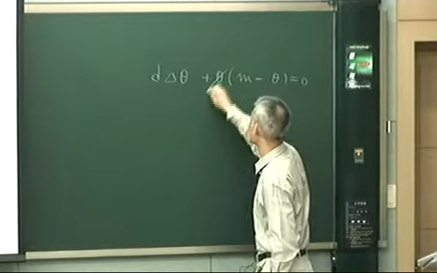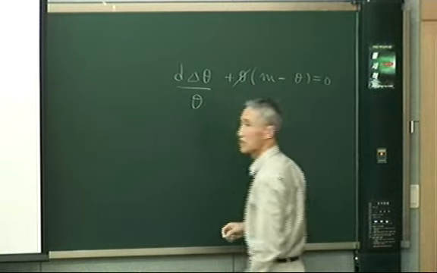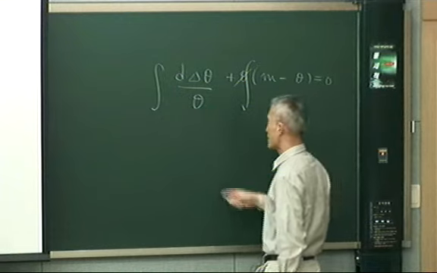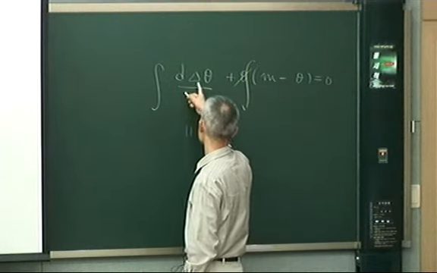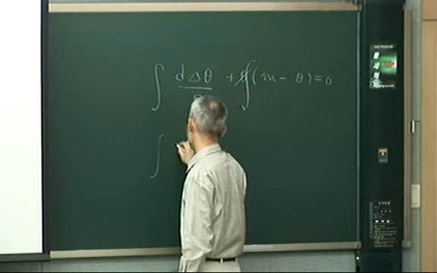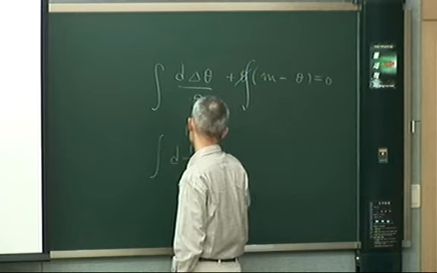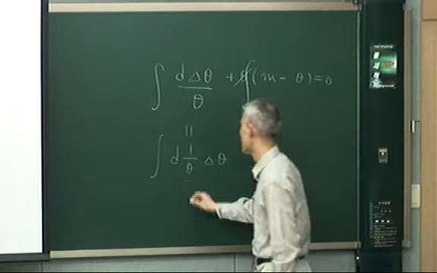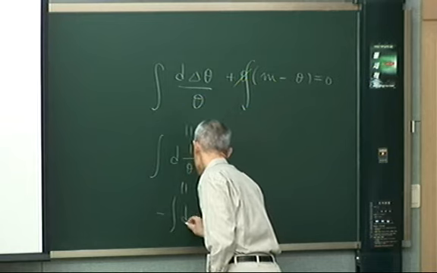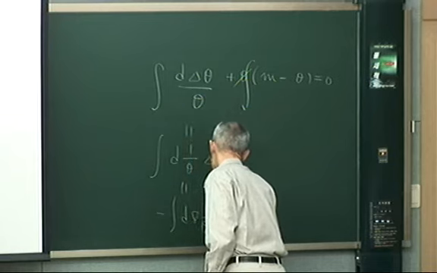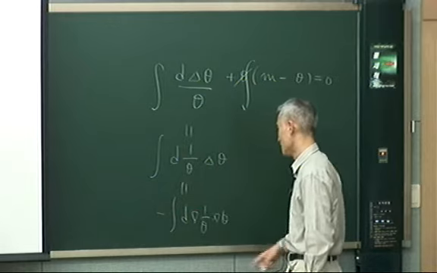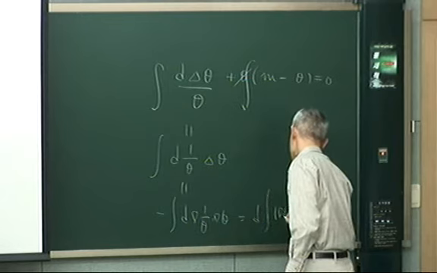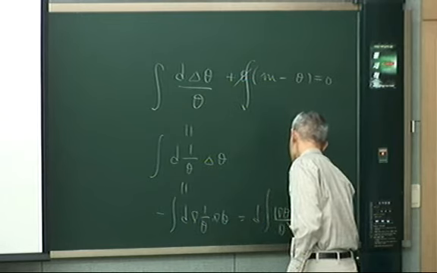You divide through by theta, and you integrate by parts. This one remains there. This one becomes d times 1 over theta Laplacian theta. So you throw one derivative to the other side. This gives you negative d gradient of 1 over theta, dot gradient theta. But when you differentiate this, you get another negative sign, so you have d times gradient theta squared over theta squared.